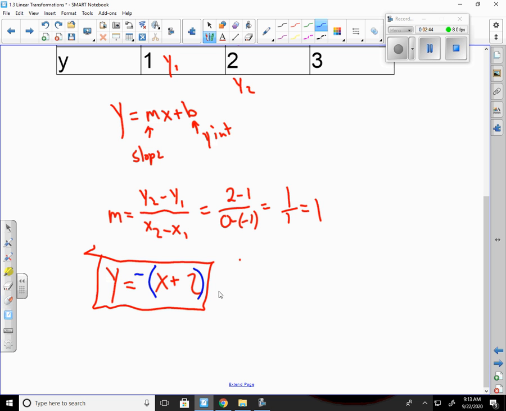If I distribute my negative here, that's y equals negative x minus 2. And that's my final equation.